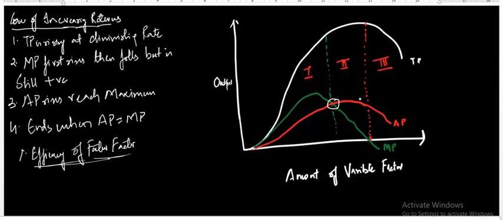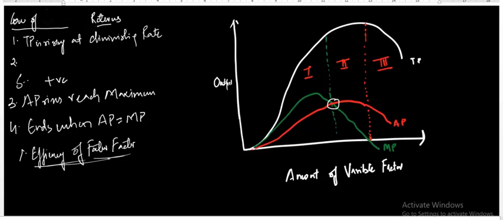What happens to the average product and marginal product? Both are falling in the second stage. That is the law of decreasing returns, or diminishing returns.